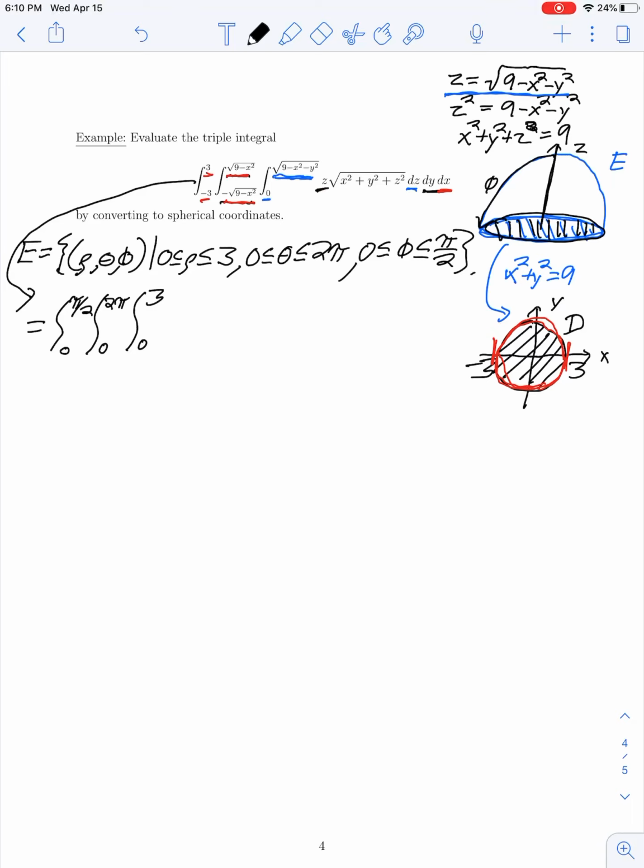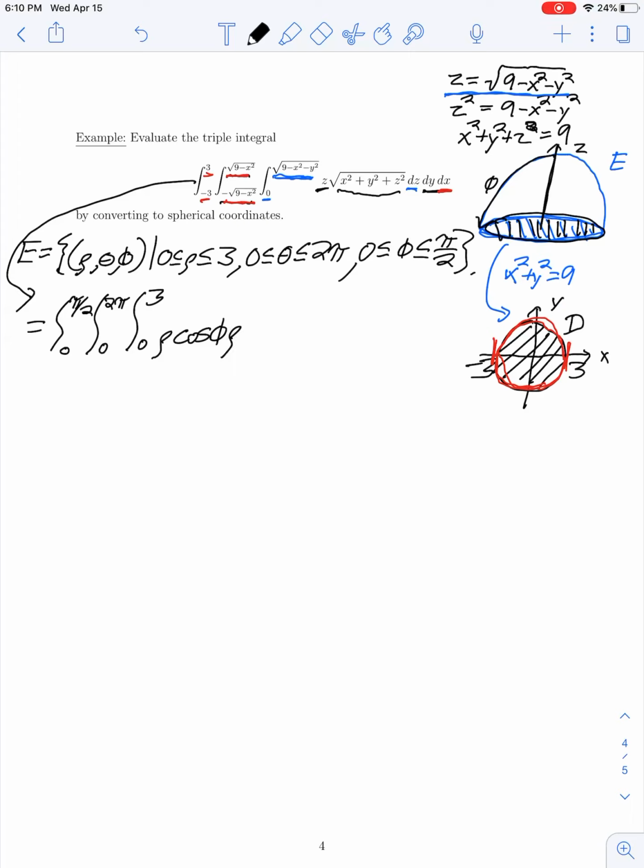Now z in terms of the spherical coordinate system is given by rho times cosine of phi, and then times the square root of the sum of x, y, and z squared, which would be rho squared.